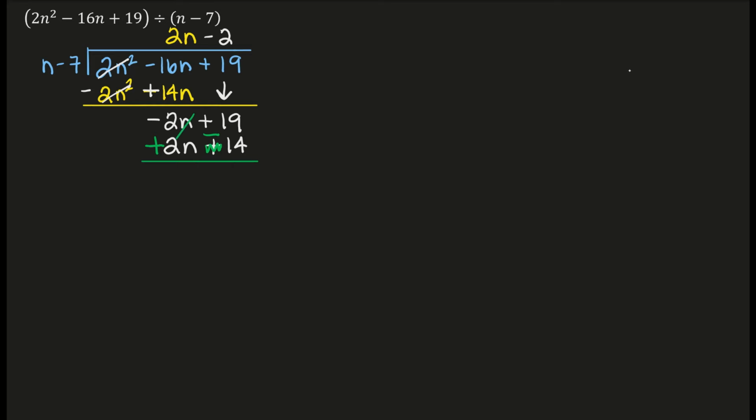So my 2n's cancel. 19 minus 14 gives me 5. So this 5 is my remainder. So when I write this out, I will have 2n minus 2. My remainder is positive, so I'll say plus 5 over what I was dividing by, n minus 7.